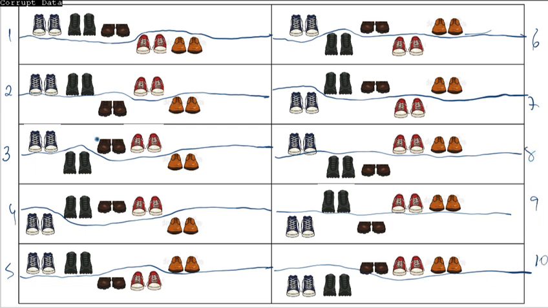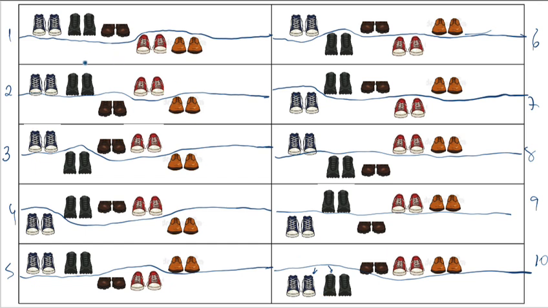So I have 10 different ways to group these pairs of shoes. And again, it doesn't matter if I pick the gray before and then the blue, or the blue then the gray. It just matters that blue and gray are together as a group.